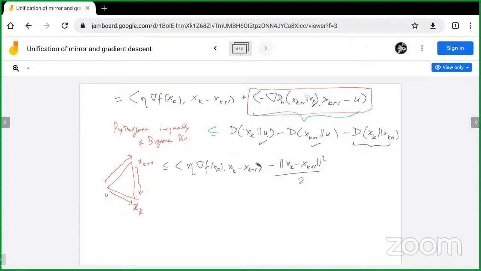For now this is given that it's one strongly convex. If it's some other alpha, you can just put alpha here. So the Bregman divergence is at least this. It's a minus sign, so I get at most plus what I wanted. And now I'm almost there. Using Cauchy-Schwarz and completing the square, this is at most what I wanted.